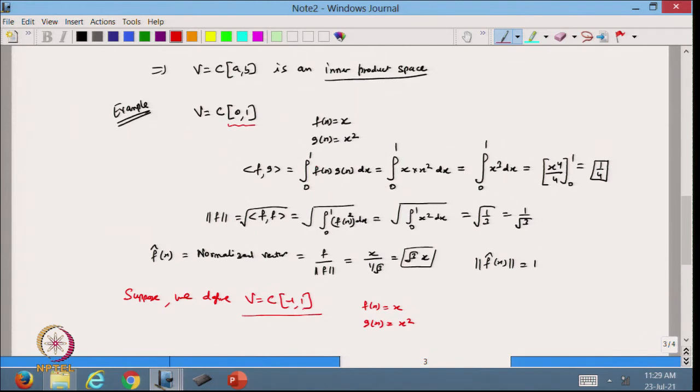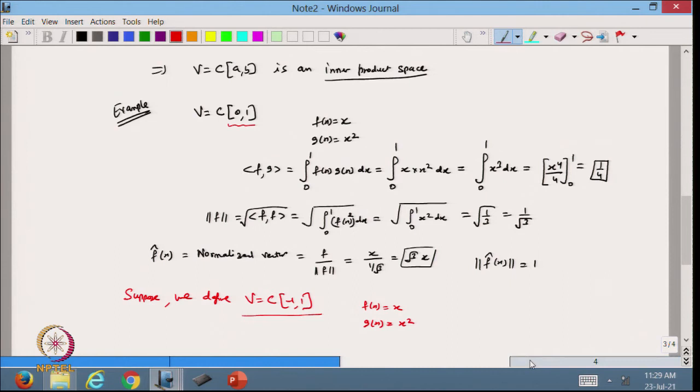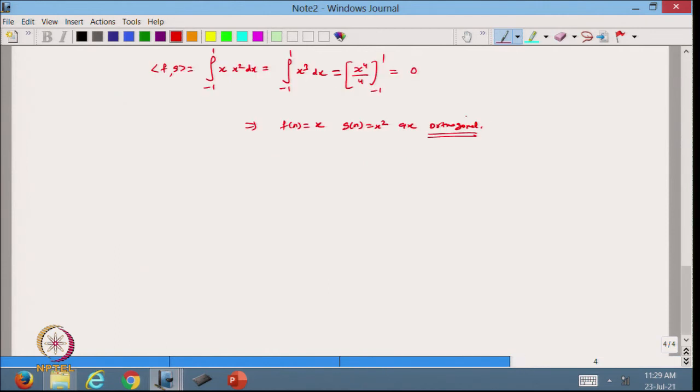But if I change the interval, then the same vectors become orthogonal to each other. So, everything depends upon how we define the inner product. So, from here we can say that these two vectors are orthogonal to each other under the inner product with integration taken from -1 to 1. So, this is the way we can define.